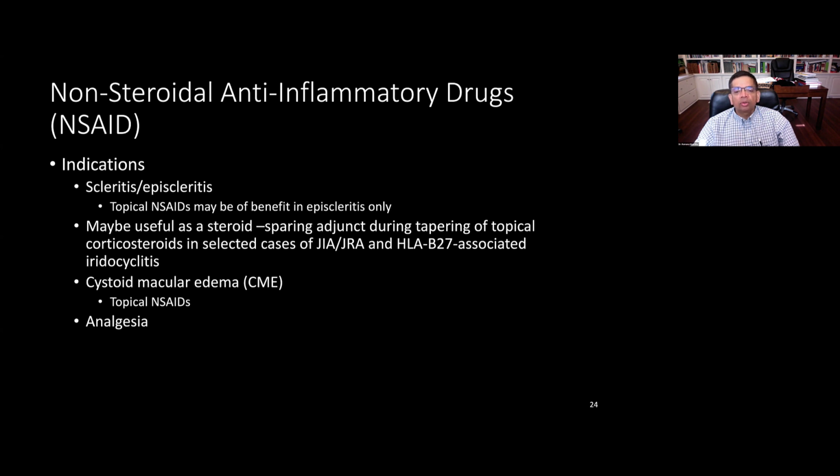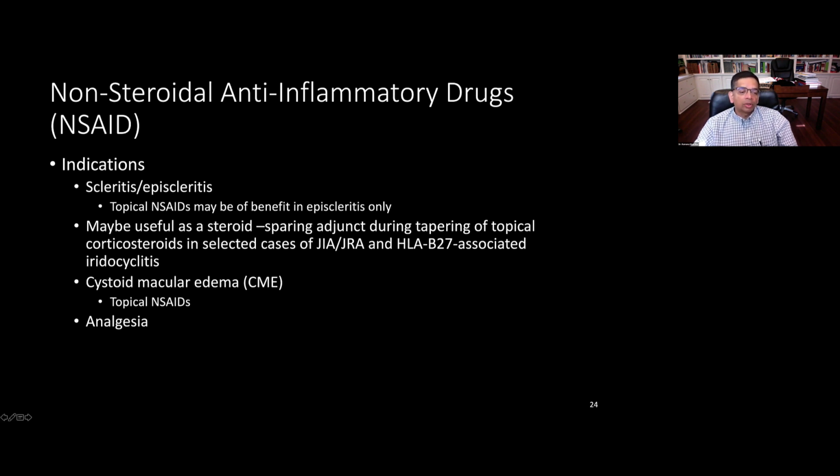It may be useful as a steroid-sparing agent, according to some studies, for JIA-associated uveitis and HLA-B27 disease. I have been cautious in interpreting the data from the study that suggested this, but there is probably some role for very mild disease where you don't necessarily need immunosuppression, and you can use this as an option for adults or even some children.